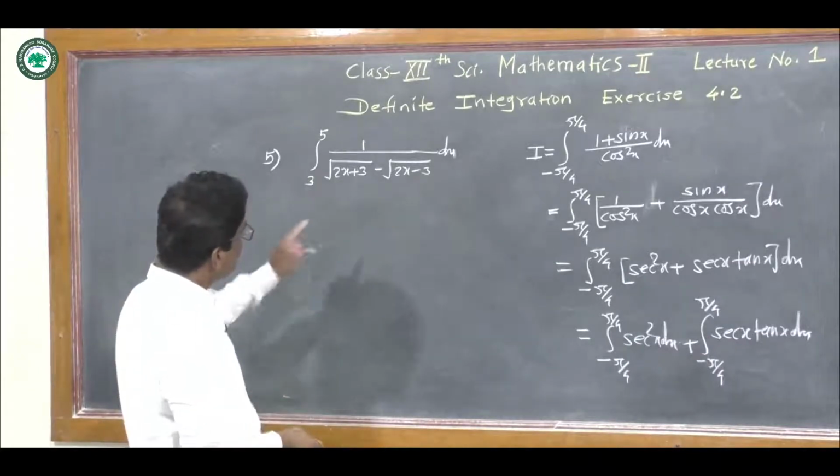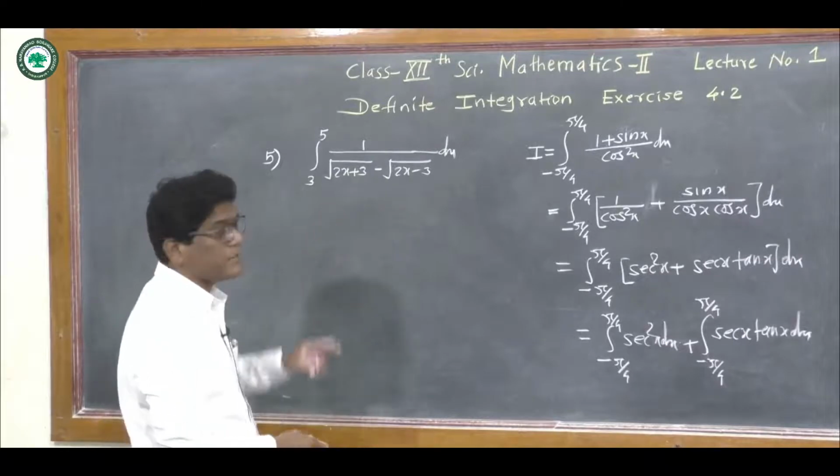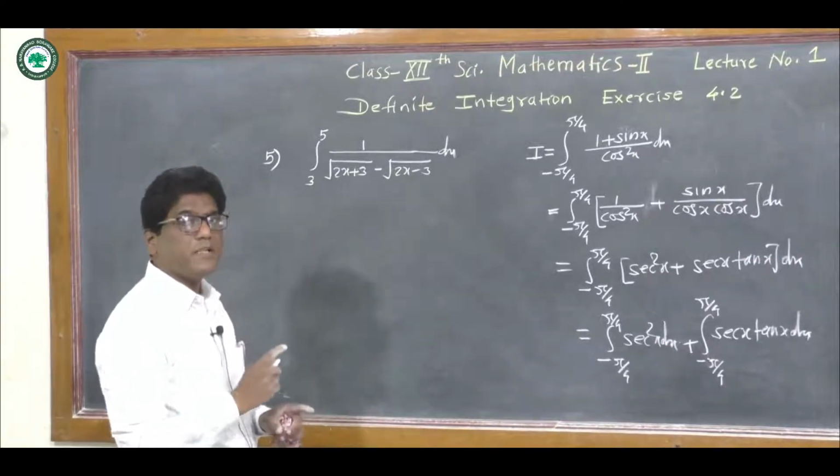So here in the denominator there are two roots and a subtraction sign. So to solve such type of problems we rationalize the denominator.